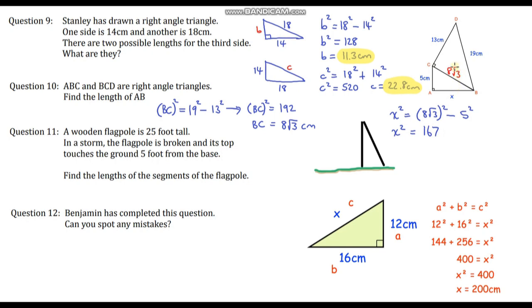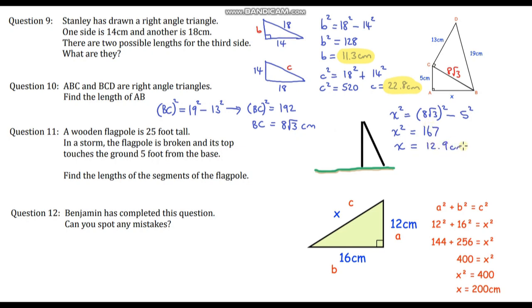Notice if we didn't use 8 root 3, if we used the value that we rounded to two decimal places, we wouldn't get an integer answer here. So I'm quite pleased I left it as 8 root 3. And now we can calculate X. We just need to take the square root of 167. And it doesn't say what to round to this time, so I'm just going to round it to 1 decimal place, 12.9.